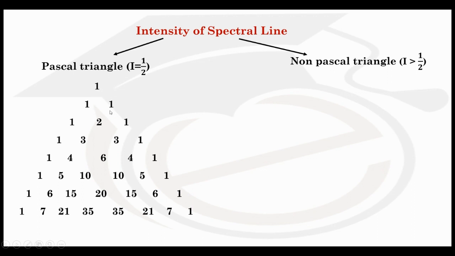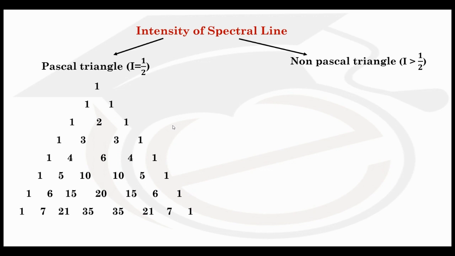The lower number is obtained by adding the two numbers just above it. So in the third row, first we write the leftmost number on the left side, the rightmost number on the right side, and by adding these two numbers, we write the result in the middle.